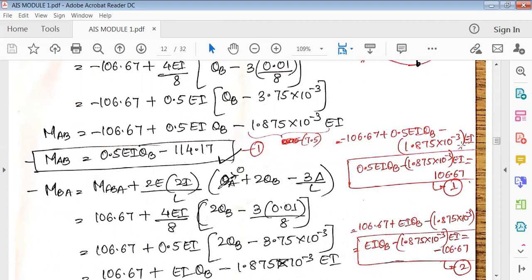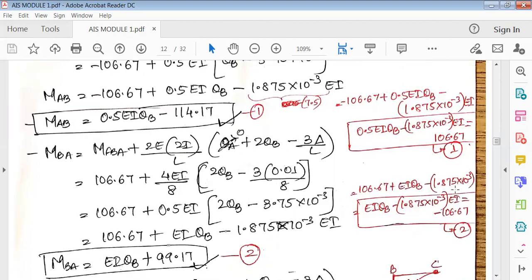The next unknown here is EI, that means this delta value. So this is the settlement value. This is also unknown only, keep it here like this. So it is 1.875 into 10 to the power 3 EI is equal to, then keep it in equation form. So the constant, send it to the right hand side. So the right hand side is 106.67. So the first equation you have got.